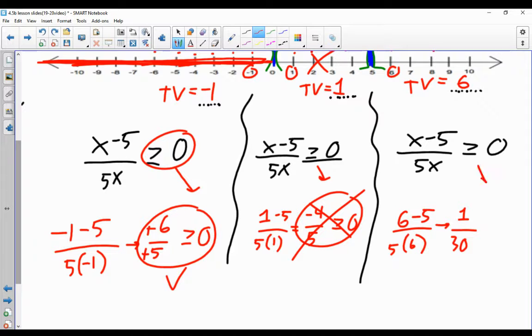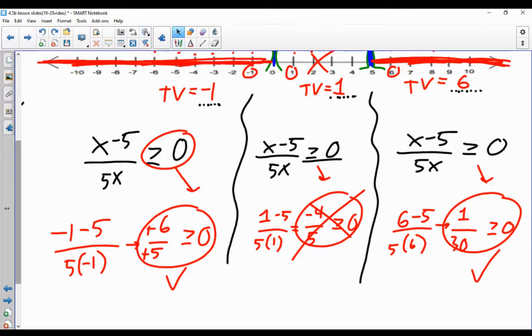And is 1 over 30 greater than or equal to 0? Though it is small, it is positive, and any positive number is bigger than 0. So that is a true statement, which means the third interval is part of our answer. So we get to shade it in.